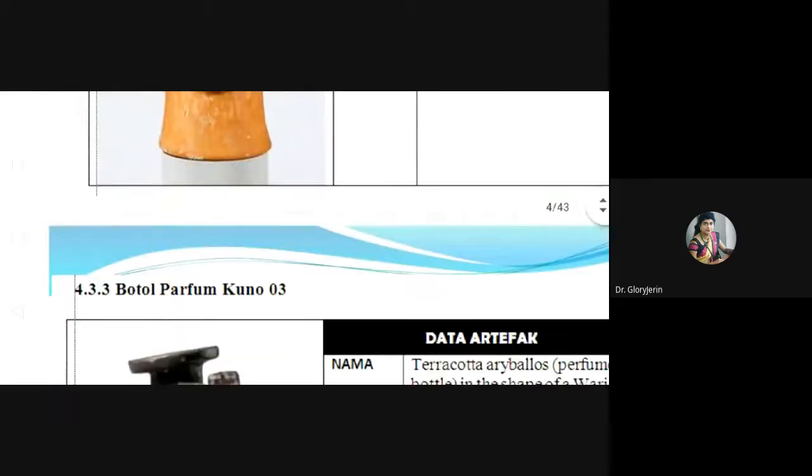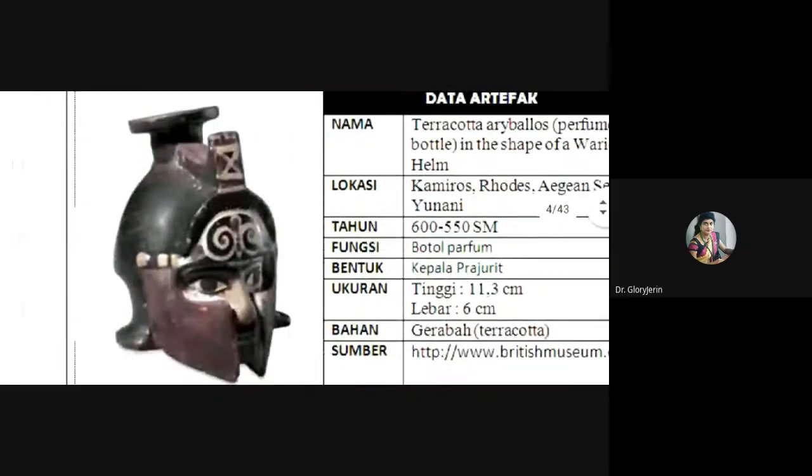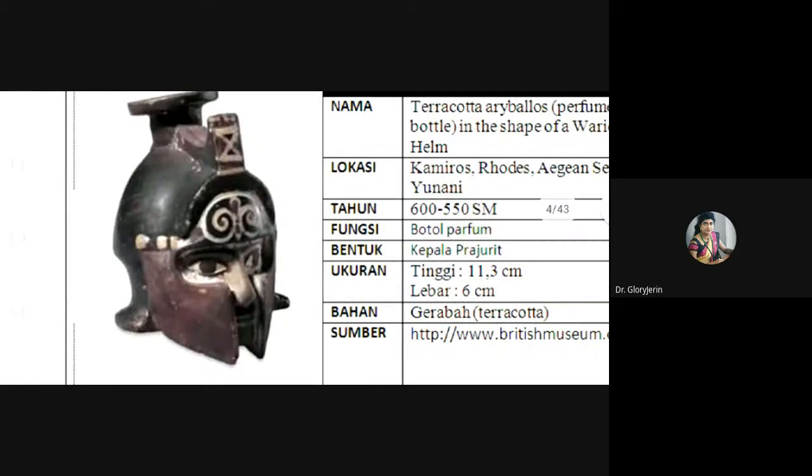And another sign we can call indexical, not iconic. Indexical sign. On this shape of the bottle, we can see a warrior helm. The warrior helm is an attribute of a soldier or warrior.